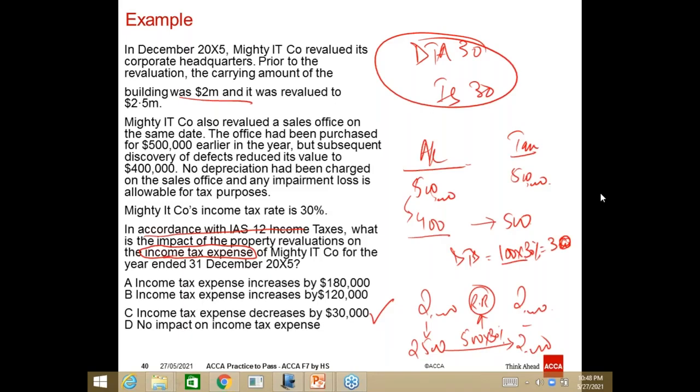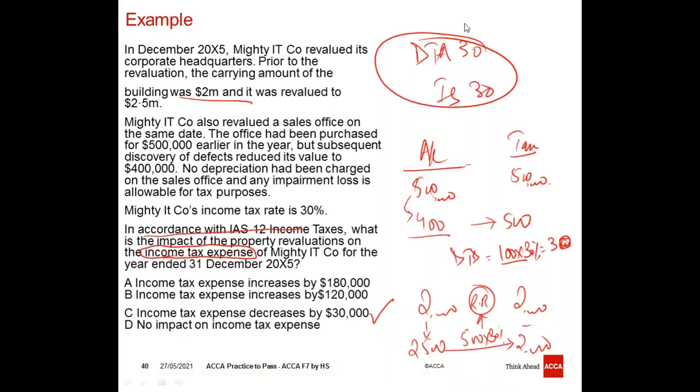From where did 500 come? Check this point, that the building was initially valued at 2 million and now it was revalued to 2500. So there is a revaluation gain of 500. That will be my taxable temporary difference. I hope it's clear now.